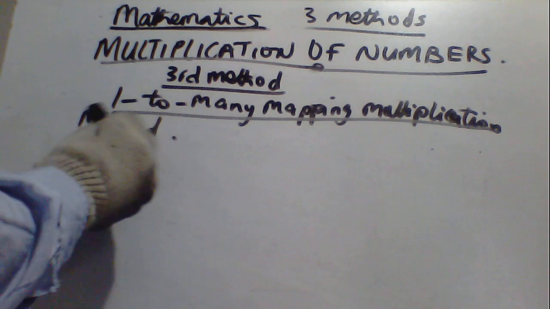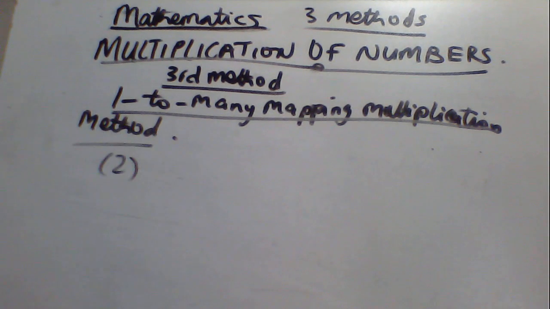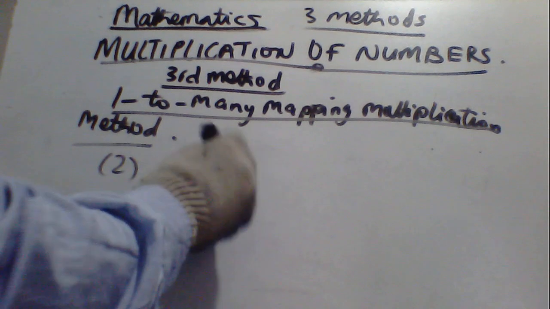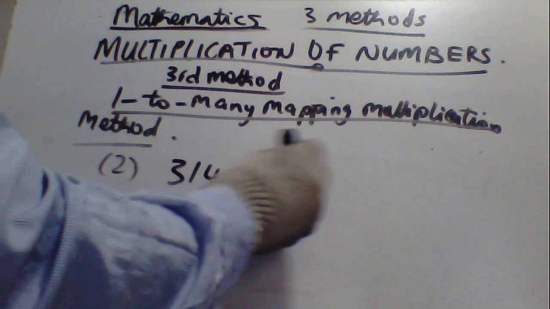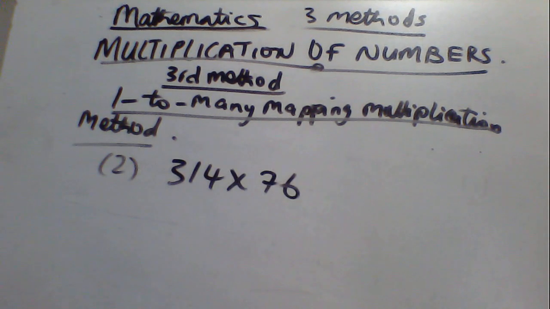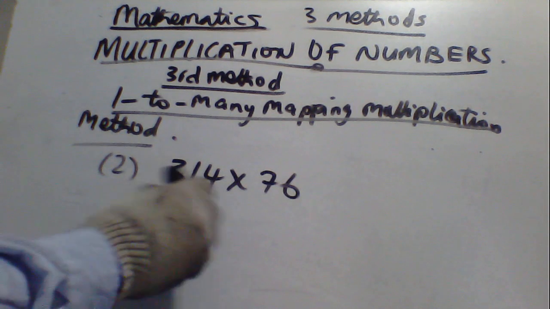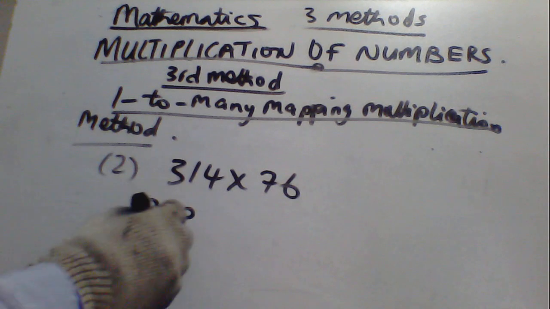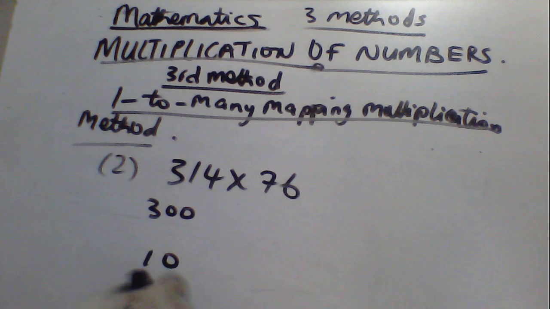So the second question here is, you are given 314 multiplying 76. In this case, you have to split this number into 300, 10, and 4.